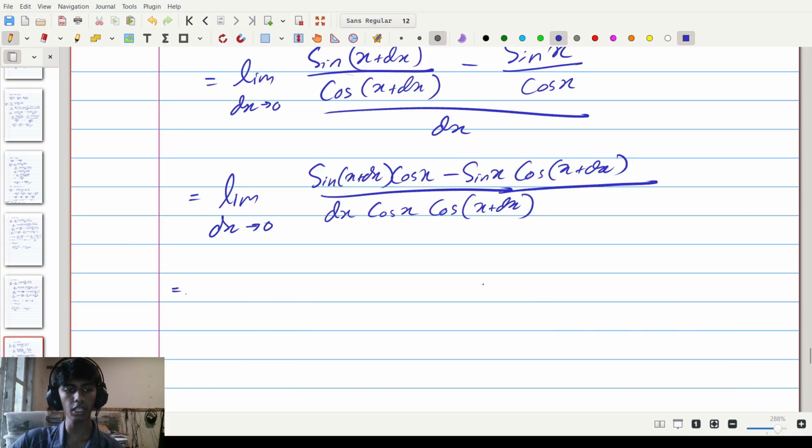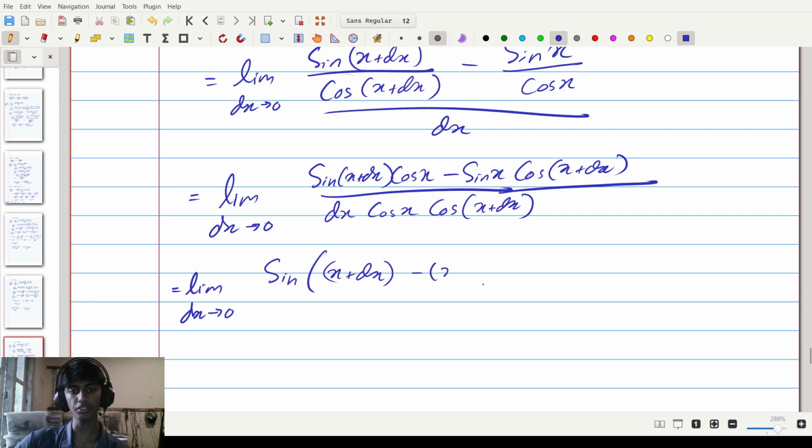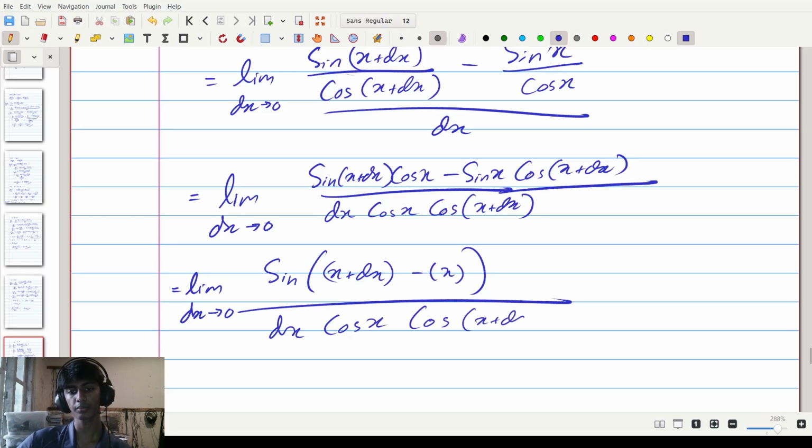So here we have the limit as dx approaches 0 of, and up here we have the sine of x plus dx, the first angle, minus the second angle which is x, all divided by dx times cosine of x times the cosine of x plus dx.